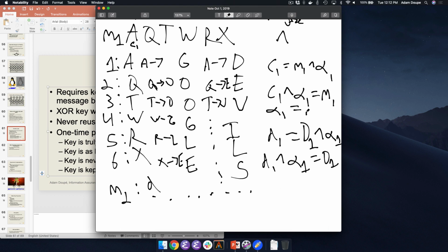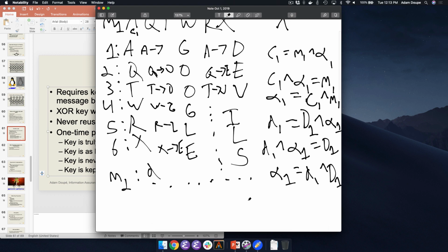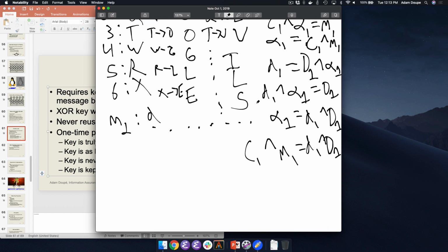C1 XOR M1? And here I have alpha 1 is equal to what? D1 XOR capital D1? Actually not sure where my derivation is going here. That's why you shouldn't try to prove something in the middle of class.